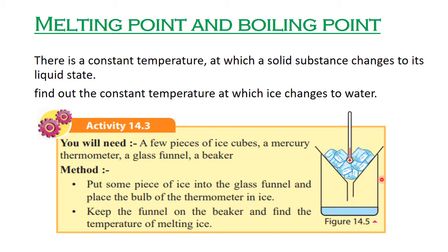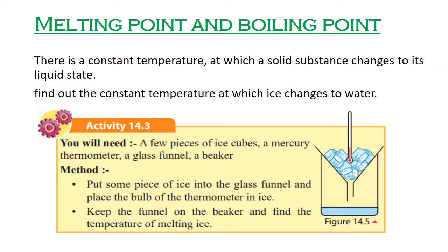After 1 or 2 hours, you can observe the ice cubes start to melt, and under the bottom of this beaker we can observe water. It can be observed that the temperature at which ice is melting is 0 degrees Celsius.